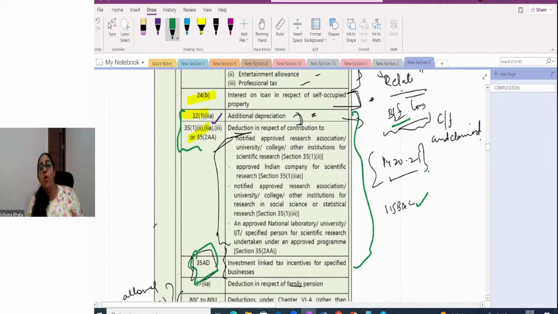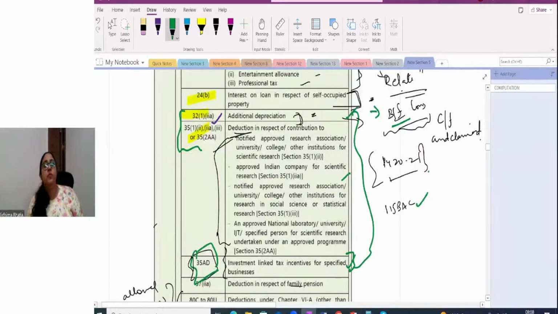I'm not saying all brought forward losses cannot be carried forward. Your genuine business losses can be carried forward, but if the losses have elements coming from these, say you claimed capital expenditure under 35AD and because of that the brought forward loss is coming, then you have to forego that capital expenditure. You cannot carry it forward to the future year.